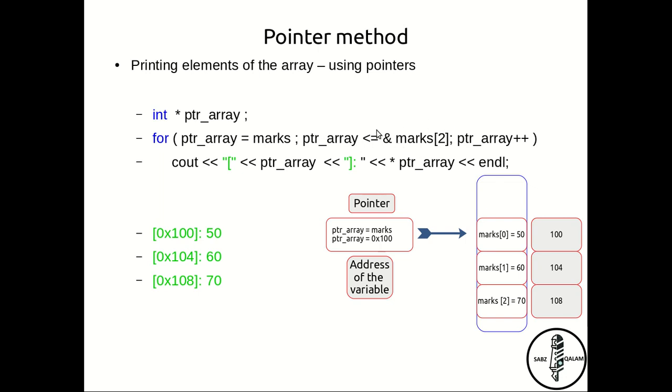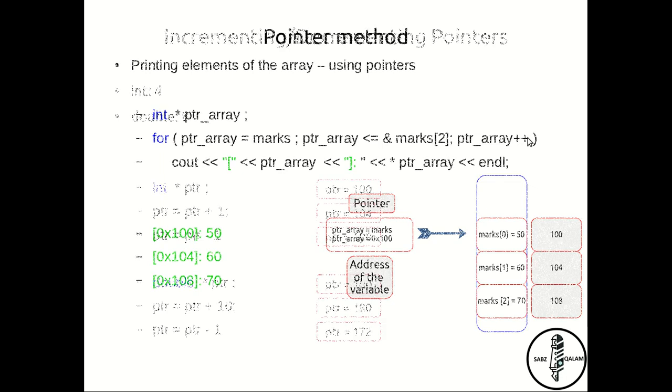Notice it's less than or equal to the last location, which is the address of marks 2, which is 108. So in the first case, we have printed 0x100 and the contents of that address, which is 50. In the next instance, it's memory location 0x104, and the contents of 0x104, which is 60, and then the last case it's 0x108 and the contents which are 70.